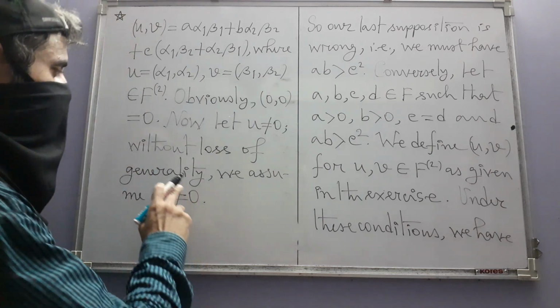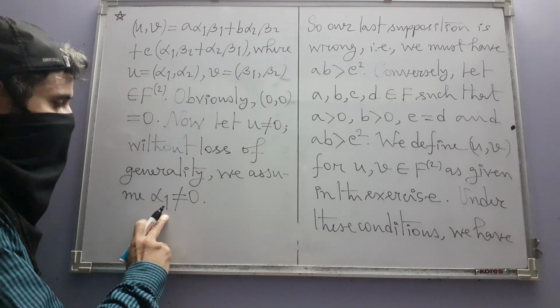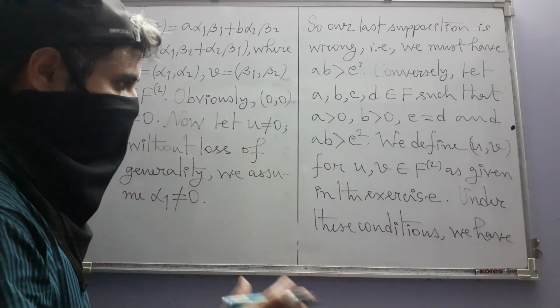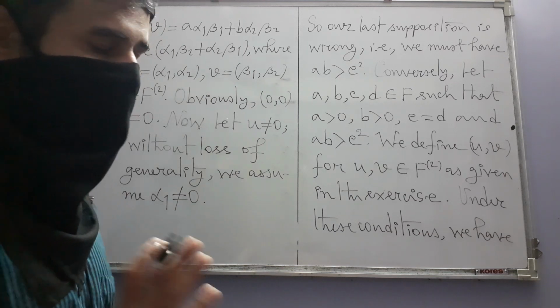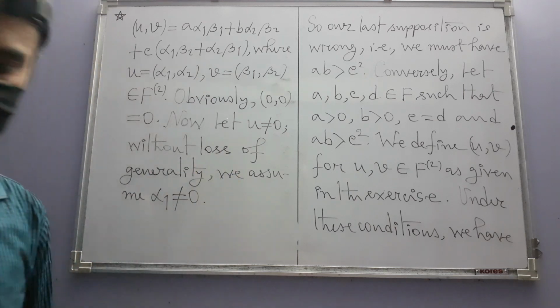Actually, I am not exactly sure if I should write without loss of generality, because alpha 2 being non-zero is really another case, but that other case is so similar to this one that I am using this language.